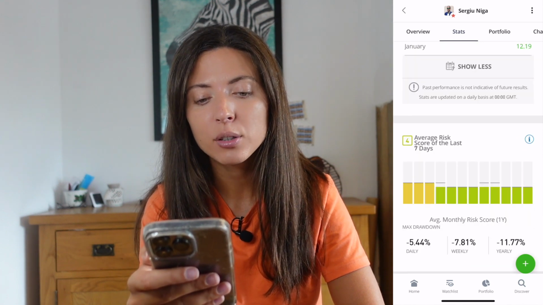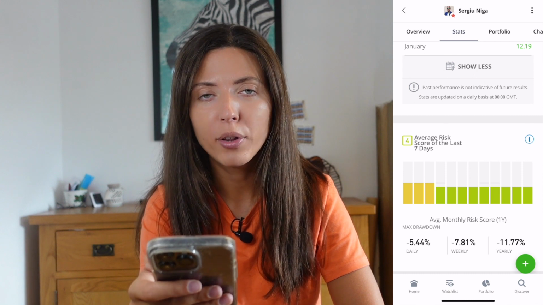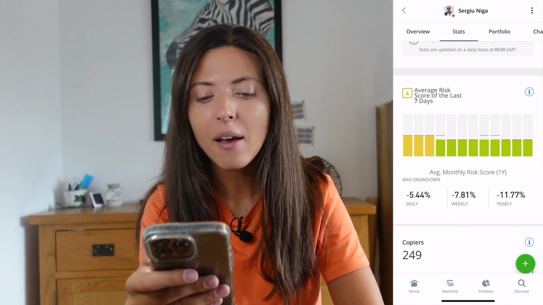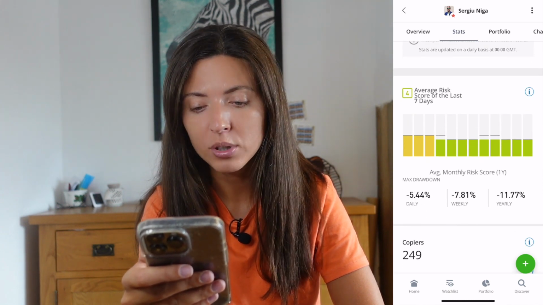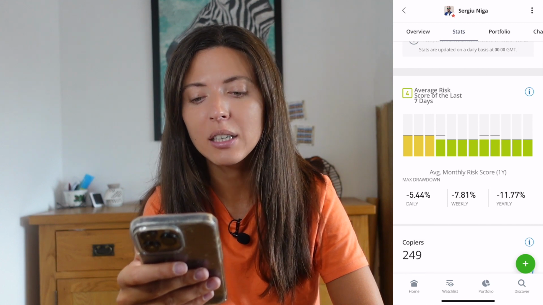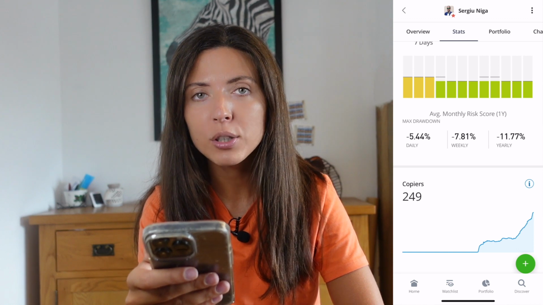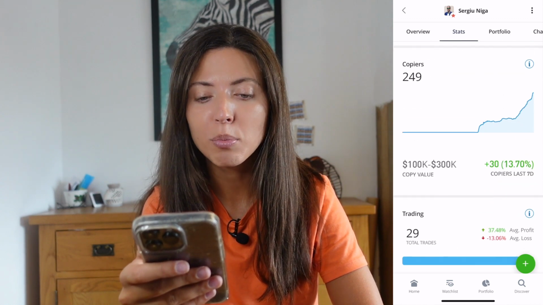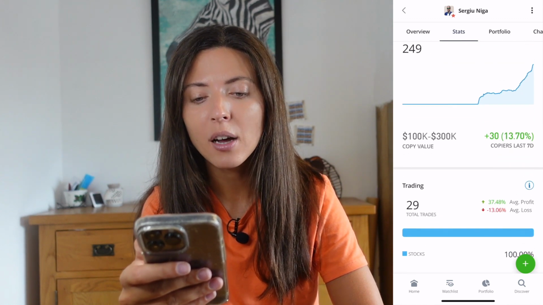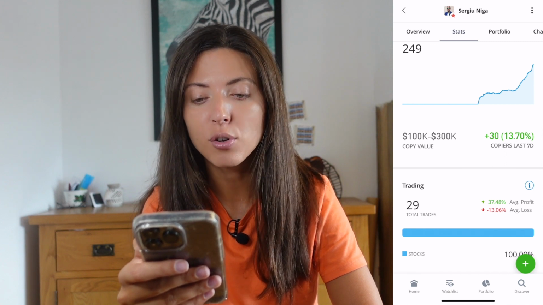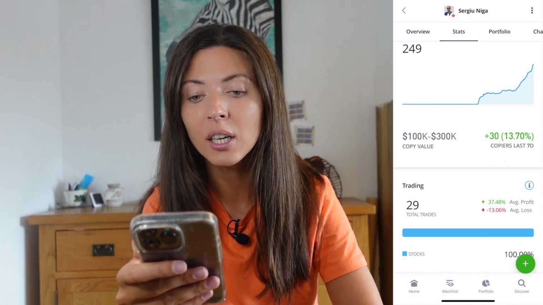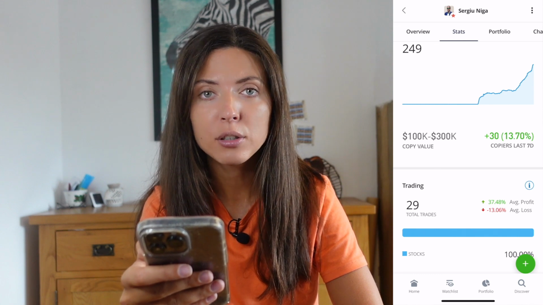The average risk score is 4, so even lower than the previous 2. And the average yearly drawdown, the maximum, is 11.77%. Not too bad. He has only 249 copies, not many, and the people invested $100,000 to $300,000 into him, and in the last 7 days he got plus 30 copies.